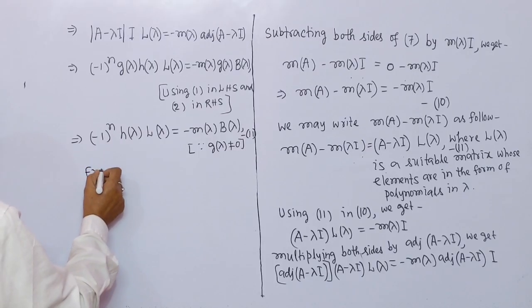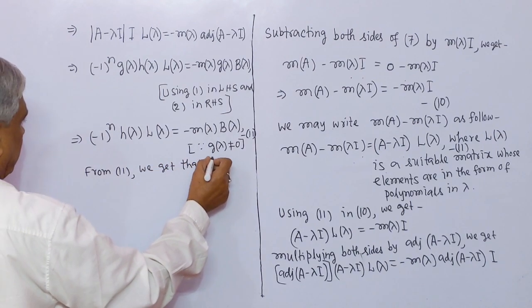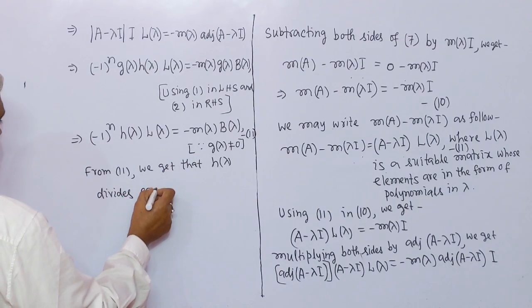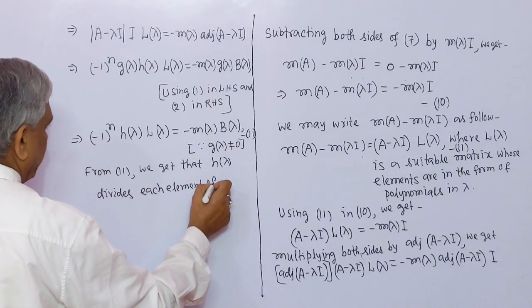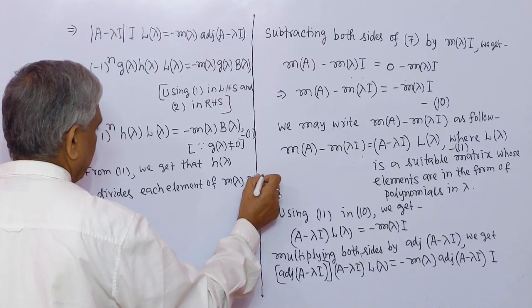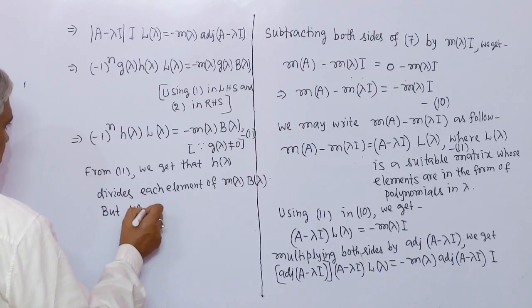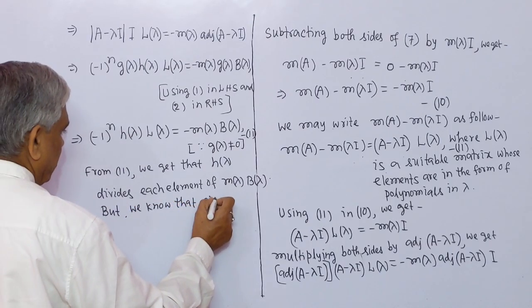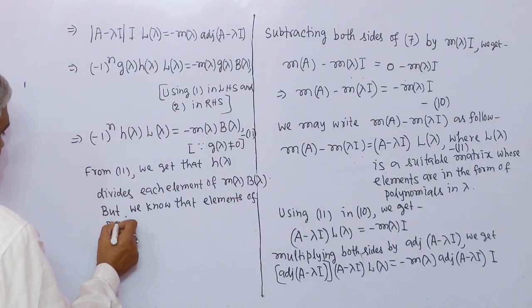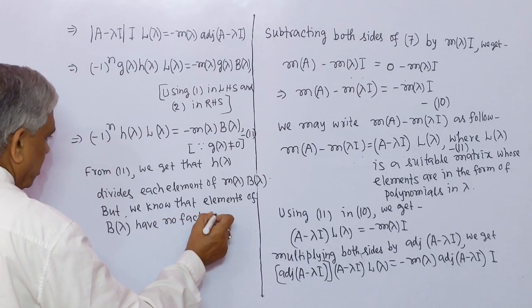From 11 we get that h lambda divides each element of m lambda B lambda, but we know that elements of B lambda have no factor in common.